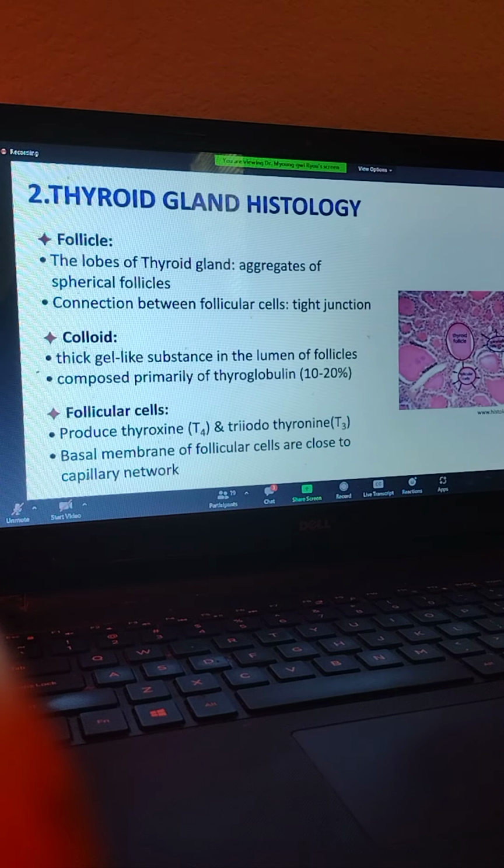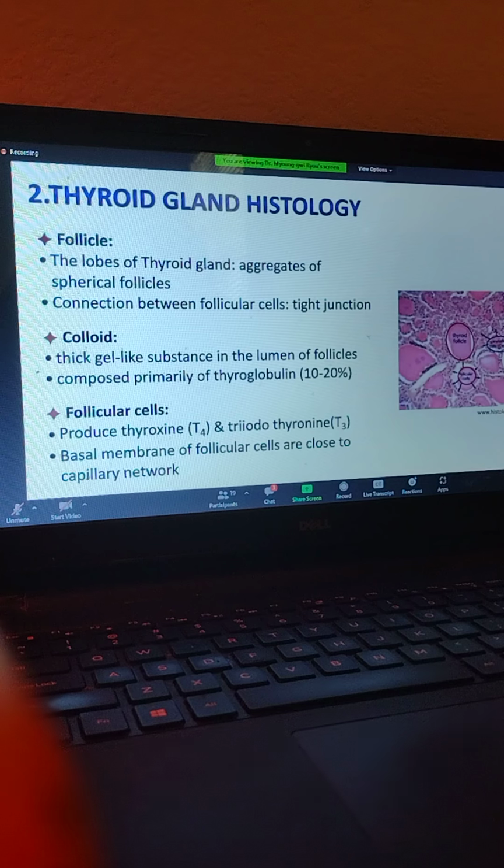So anyway, T3 and T4 will be produced by follicular cells. And these follicular cells have a basal membrane very close to the capillary networks. Once the cells make the hormones, they are stored inside of the follicle as part of the colloid.